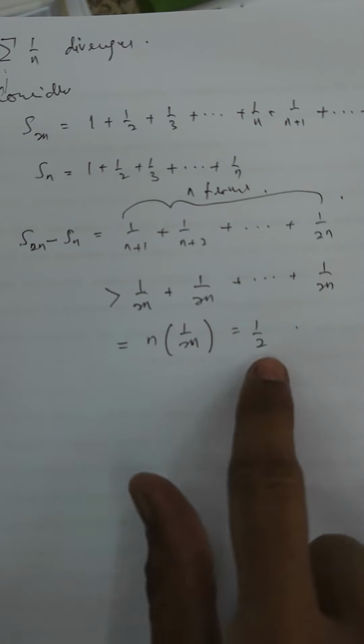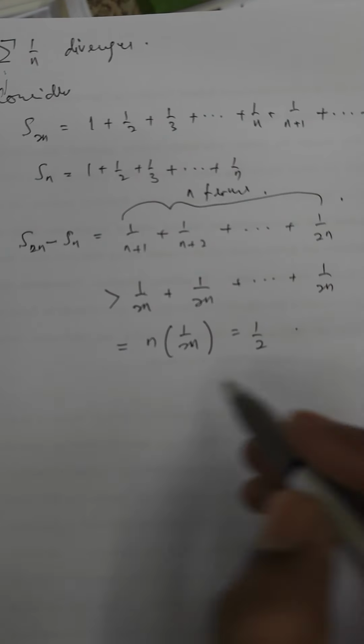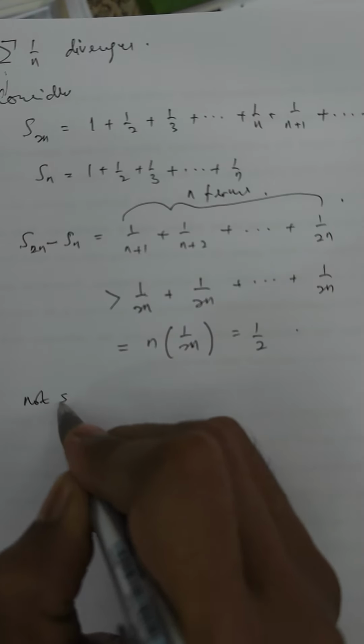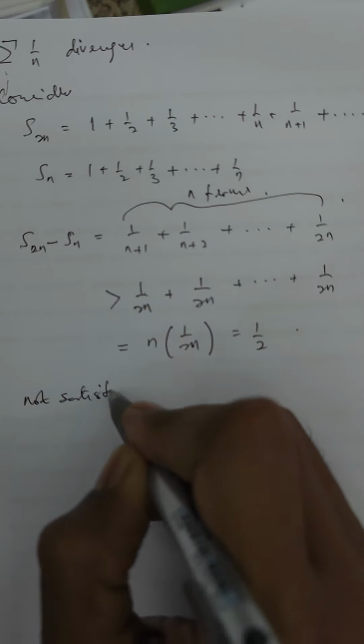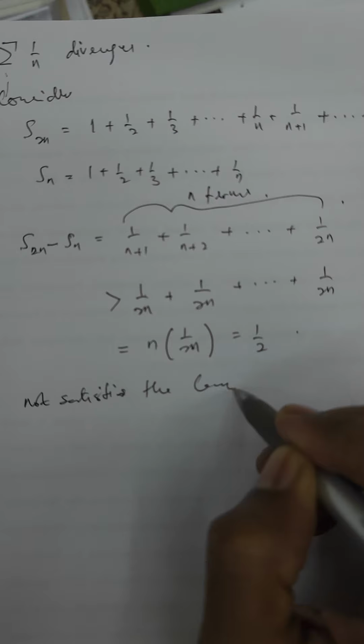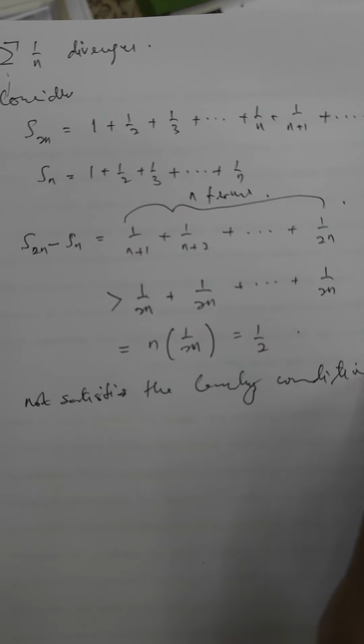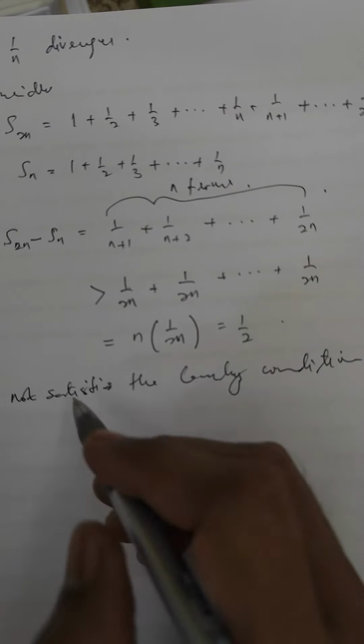In fact, we need less than epsilon, but we got greater than one half. So it does not satisfy the Cauchy condition.